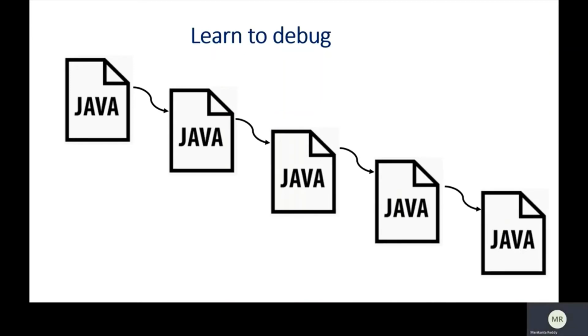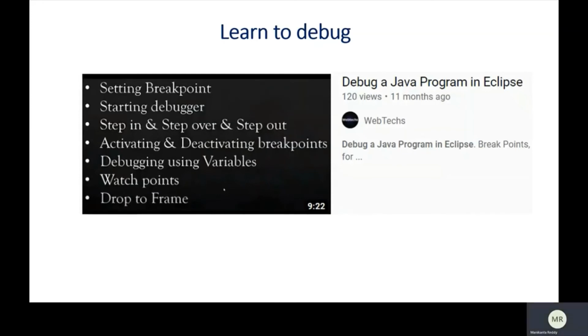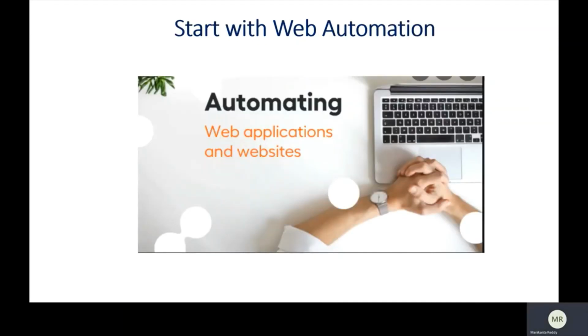So in these cases, if you want to debug, you should learn the basics of debugging. If you are interested, I have done a video which covers the basics of debugging in Eclipse. I am placing this link in the description below. Please go through it.